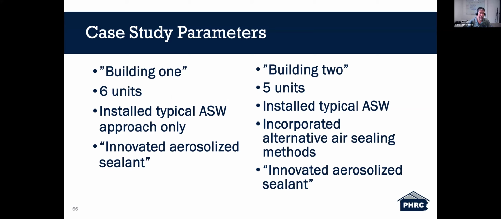Building one was a 6-unit building. They installed the typical area separation wall approach only. They did not incorporate any additional alternative air sealing methods. And then they introduced an innovative aerosolized sealant. Those of you can probably already guess what that is, and we'll touch on that in the next slide.